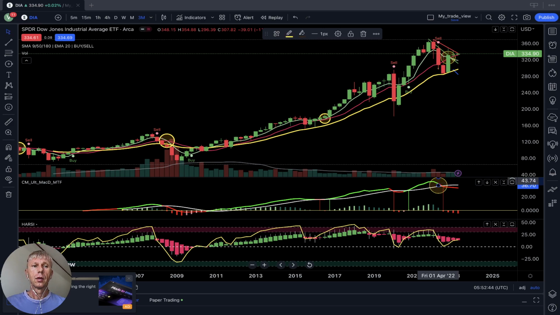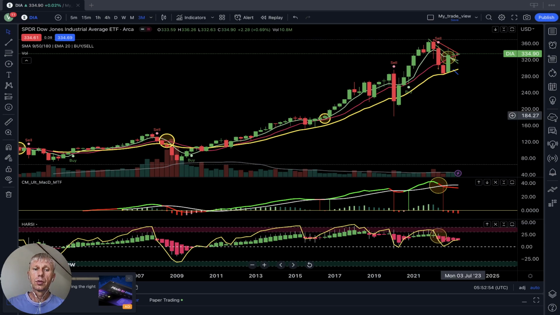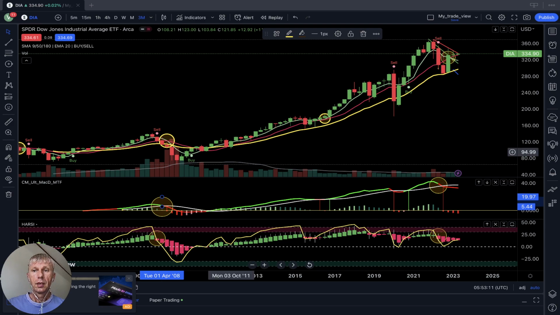It's on the quarterly time frame. Same bearish crossover on Heikin-Ashi and RSI. RSI bearish crossover. And a similar one was in 2008. Similar, last time was 14 years ago in 2008. Same setup. We didn't have a recession yet.